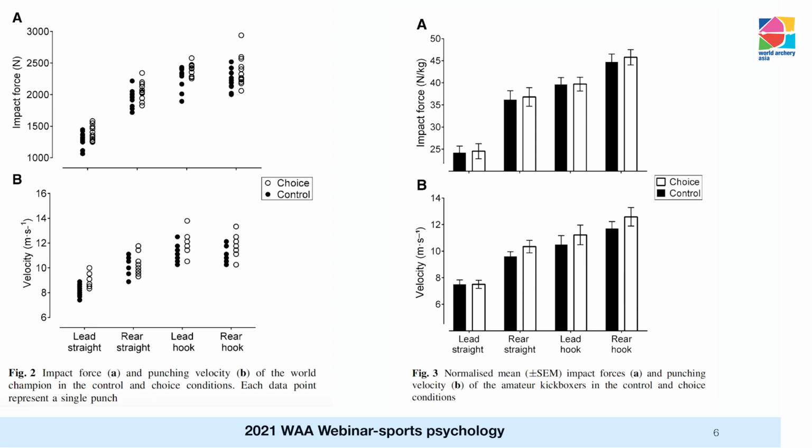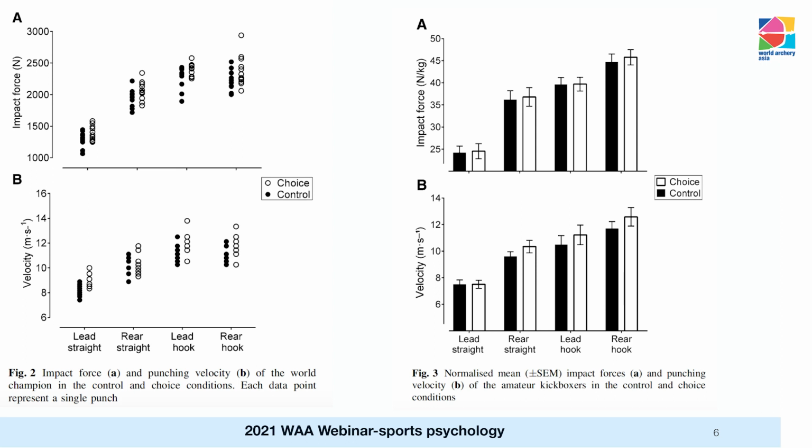But a slight difference is that in the lead straight punch, the difference might not be that obvious compared to the rear hook punch. So this gives us a hint that maybe due to the skill level, we can find this effect differently.